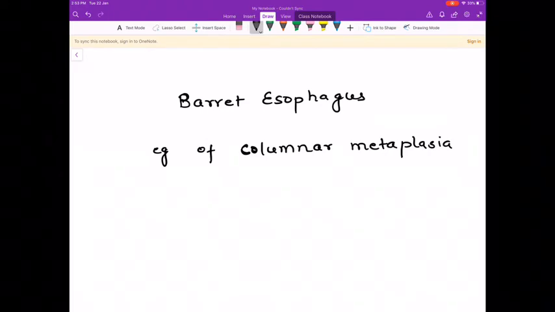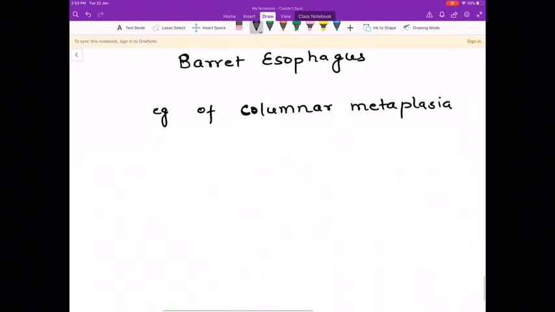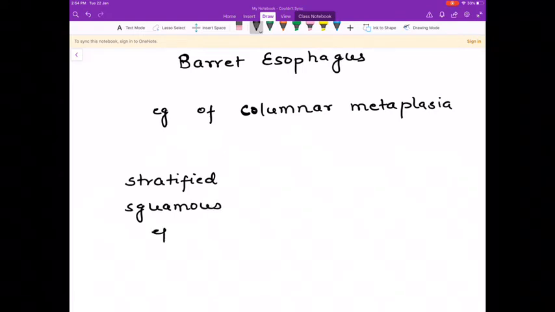If I visit the esophagus, the normal lining of the esophagus is stratified squamous epithelium. From the upper end till the lower, only a few centimeters of the lower end is columnar, the rest is all stratified squamous epithelium. MCQ from histology, what is the normal lining of esophagus? This will be the answer. Second thing, what is the cause of Barrett esophagus?